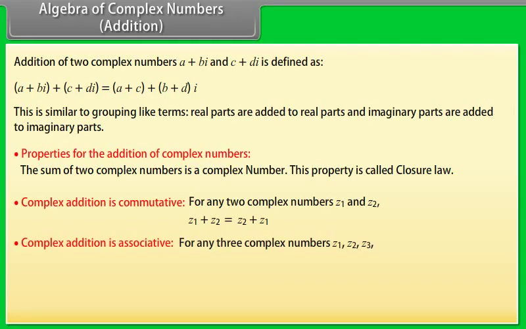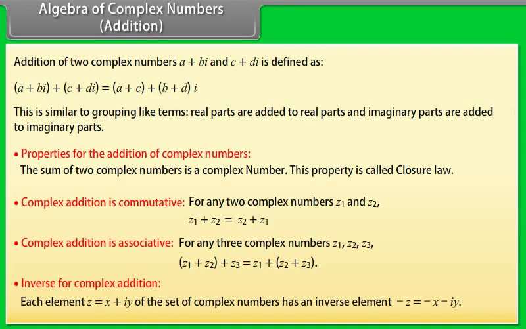For any three complex numbers, z1, z2, z3, z1 plus z2 plus z3 is equal to z1 plus z2 plus z3. Inverse of complex addition. Each element z equal to x plus iota y of the set of complex numbers has an inverse element, minus z is equal to minus x minus iota y.